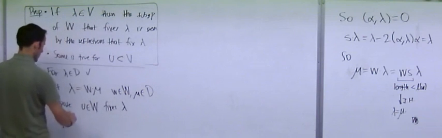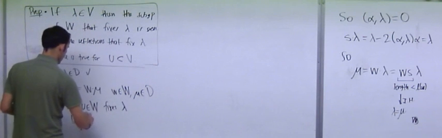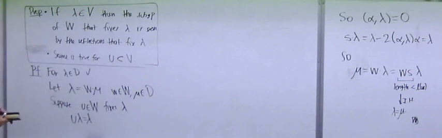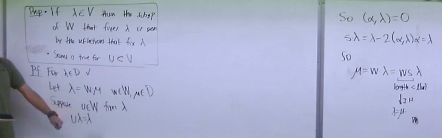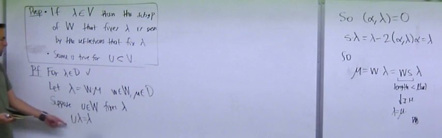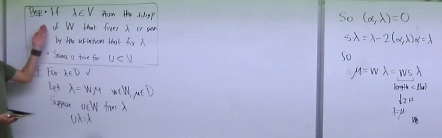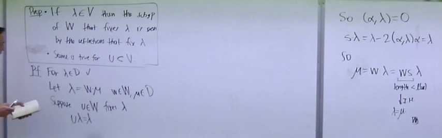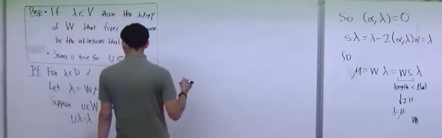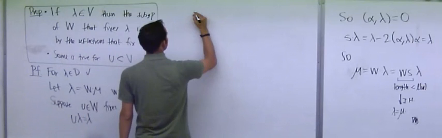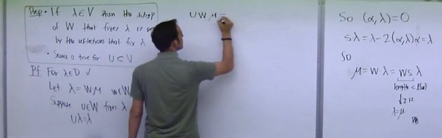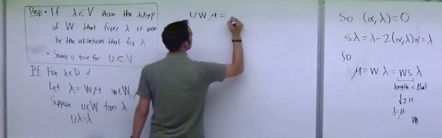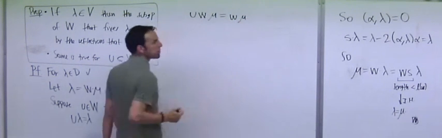Okay. U lambda is equal to lambda. Now, of course, what I want to do is translate this into a statement about mu, because I know that this proposition is true for mu. Okay. So I rewrite this as U times W times mu equals W mu.